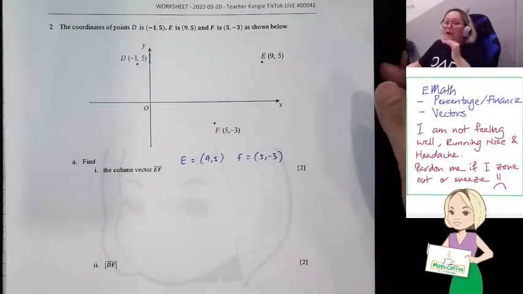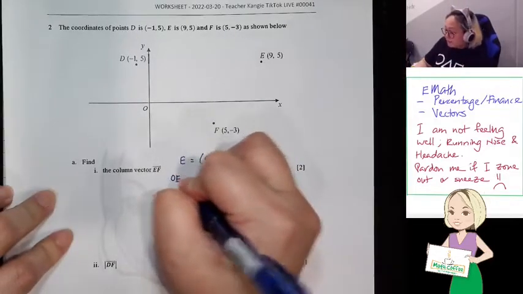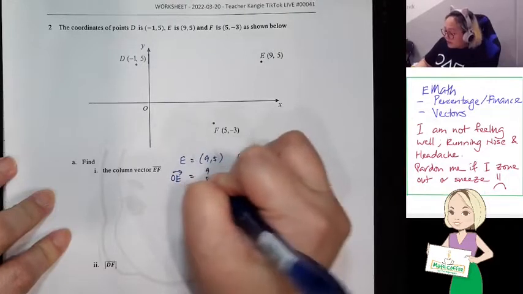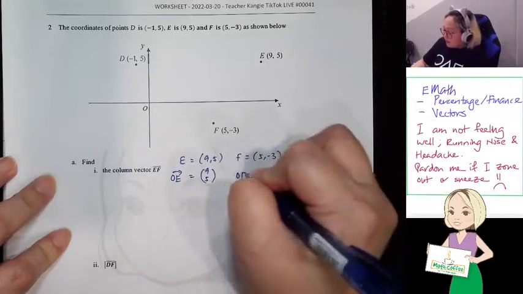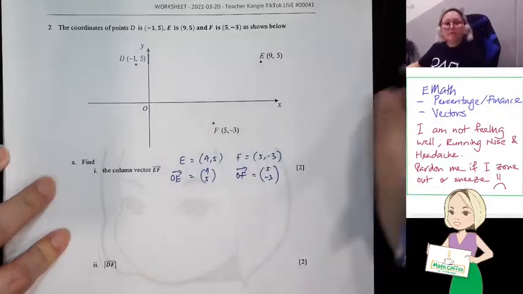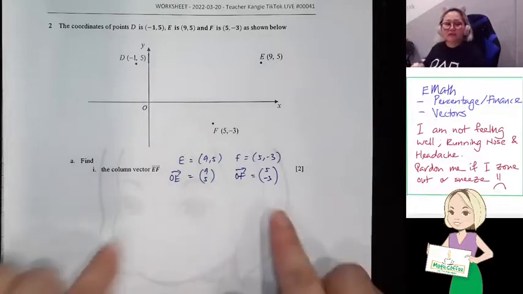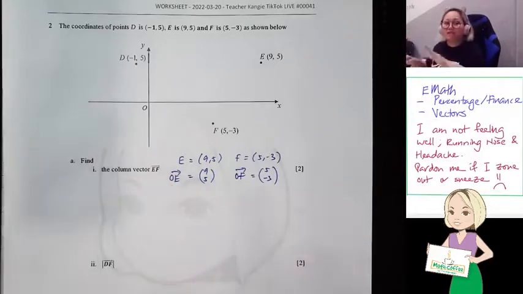So remember, when I'm given the coordinate, I will be able to find the position vector, right? So it means that I can find my OE, which is just 9, 5. I can find out what is my OF, which is just 5, negative 3. So when you're given coordinates, when we are talking about vectors, this is the first thing that you come up with, which is the position vector.